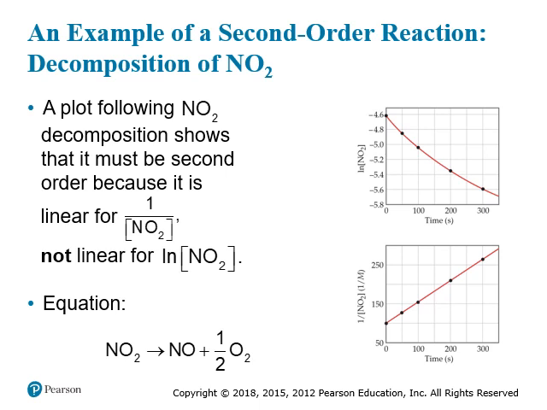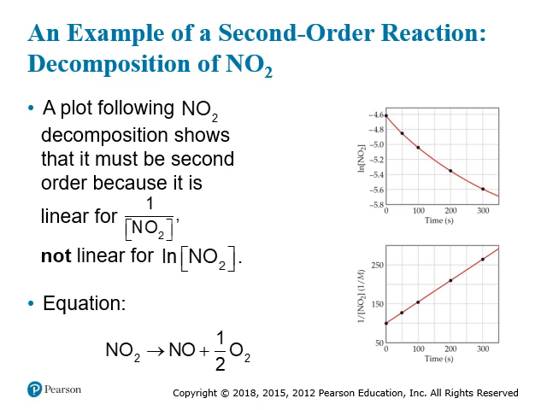Here we see an example of a second order reaction that involves one reactant, the decomposition of nitrogen dioxide. If we plot the natural log over time, we see that we do not get a linear trend. We still see a curve.